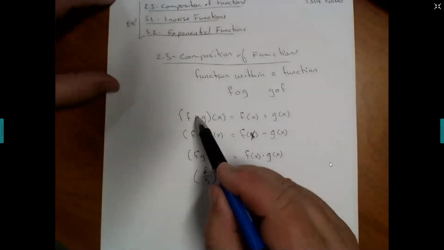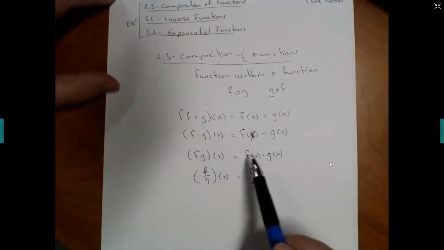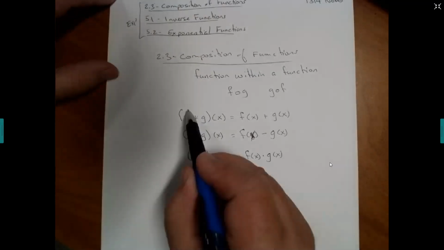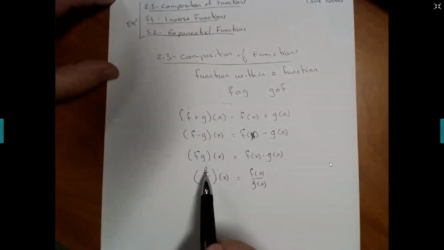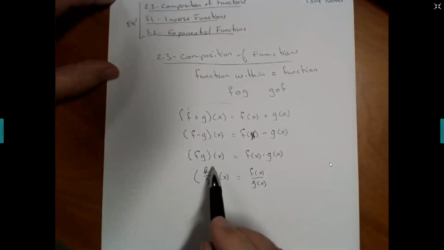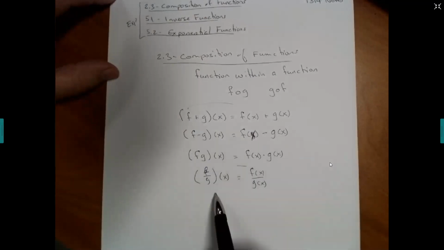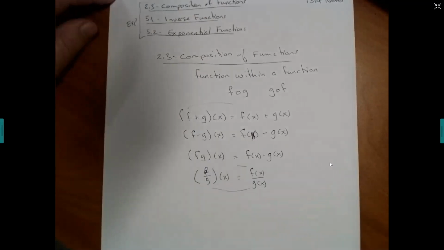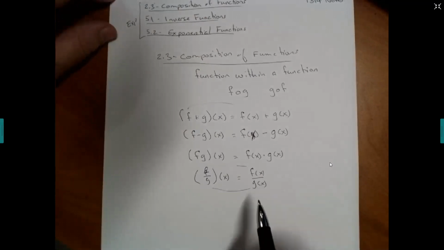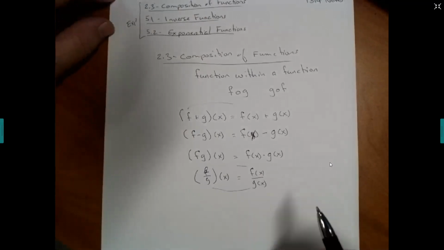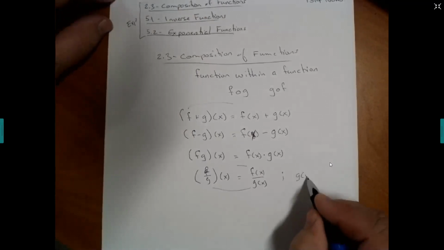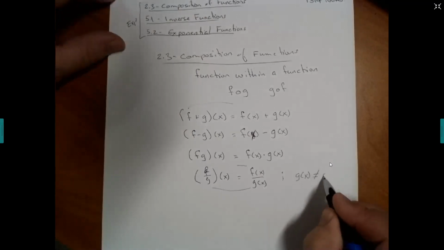So it's whatever operations inside this parenthesis, that's what you separate the two. Whatever comes first goes first or on top. Whatever comes second goes second or on the bottom. Now, for the rational one, the last one we have, there is a stipulation. G of x cannot equal 0.